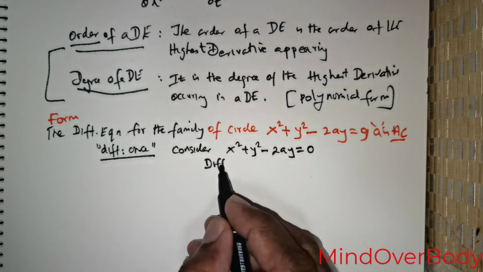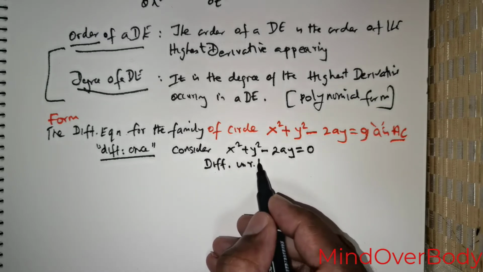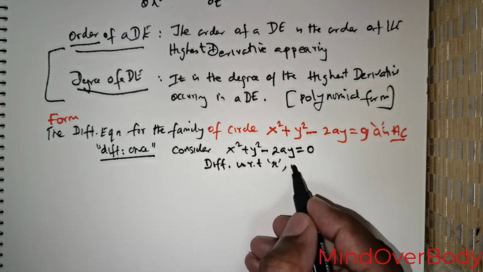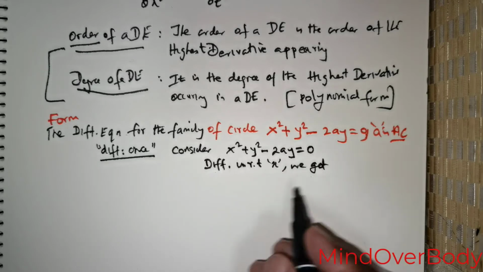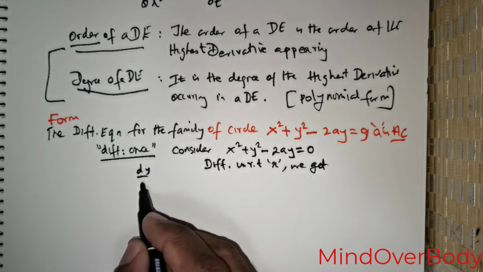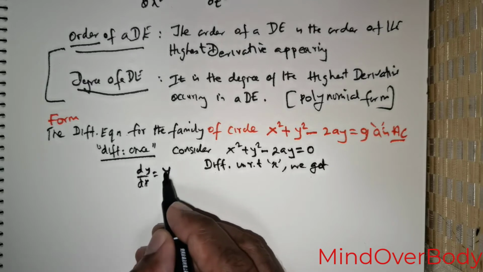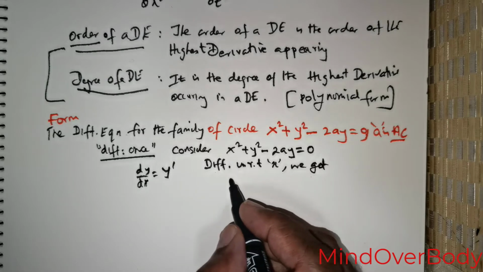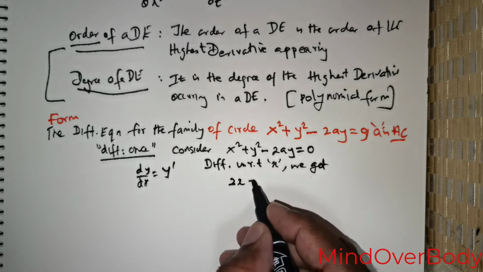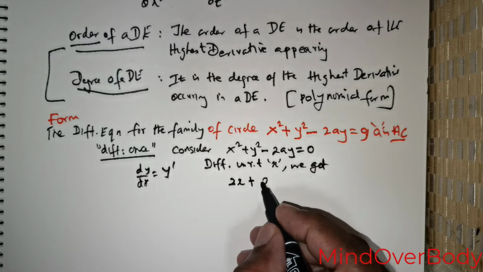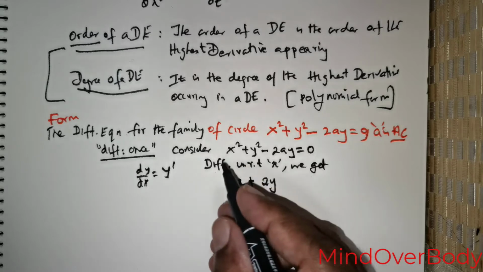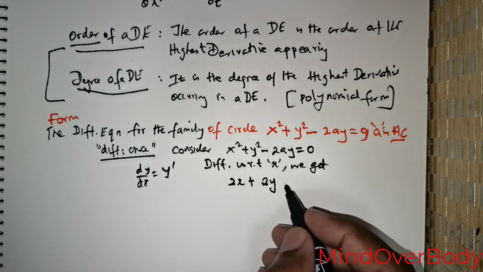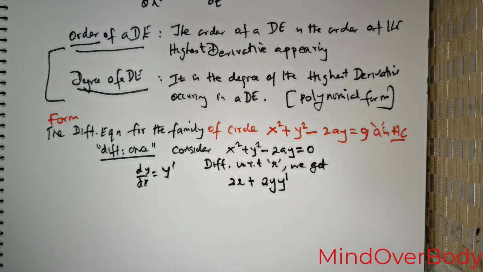So differentiating with respect to x we get, now dy over dx you can write as y dash. Have that in mind. So the differential of x squared is going to be 2x plus, the differential of y squared is going to be 2 times y times dy over dx. I'm going to write dy over dx as y dash.